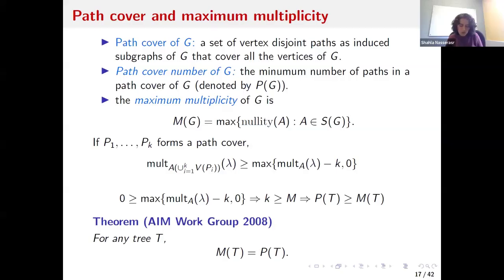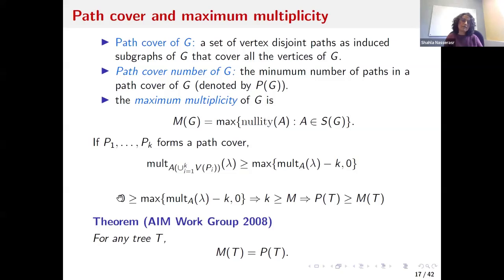And then we also have the maximum nullity or maximum multiplicity, which is the maximum multiplicity among all eigenvalues of such matrices. Now, if you go back to the previous inequality that we just showed, the multiplicity of lambda in the matrix, when we delete all of the disjoint paths, is at least this value. If we delete the path cover, that means we've deleted all of the vertices of the graph, so nothing is left.